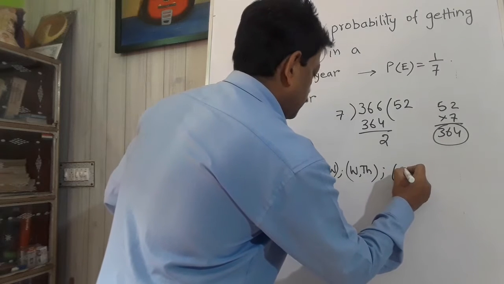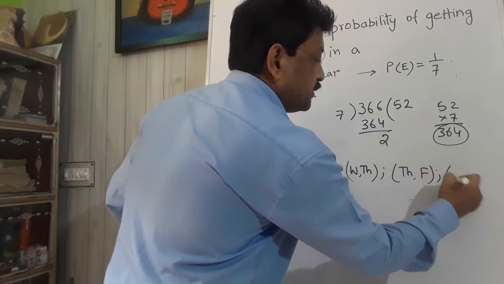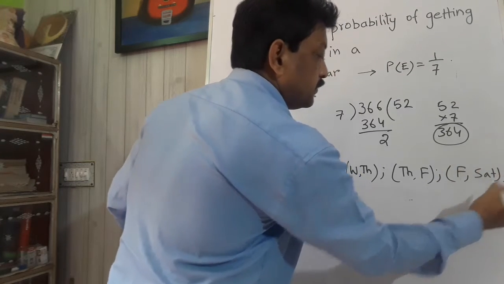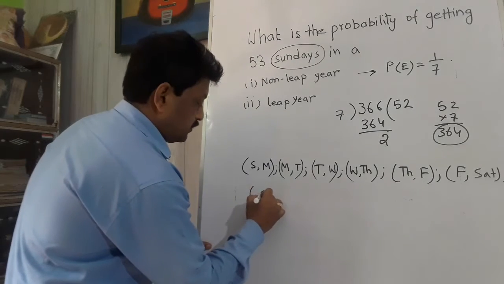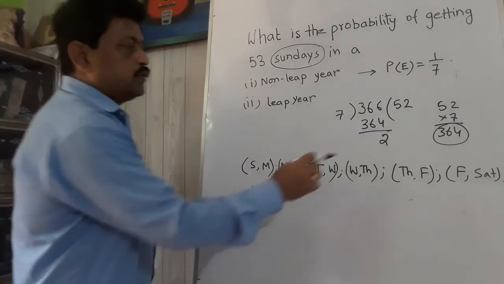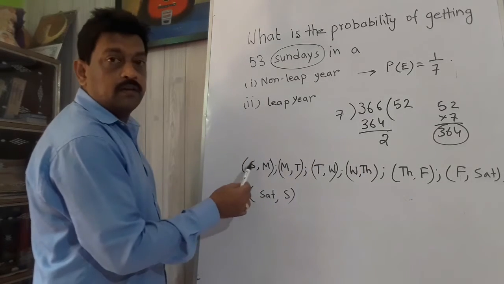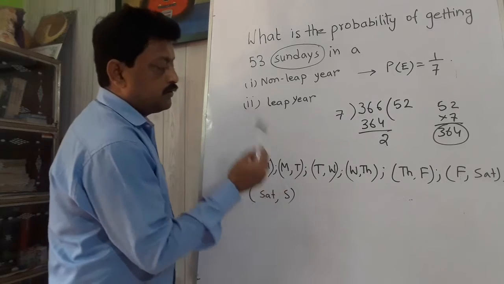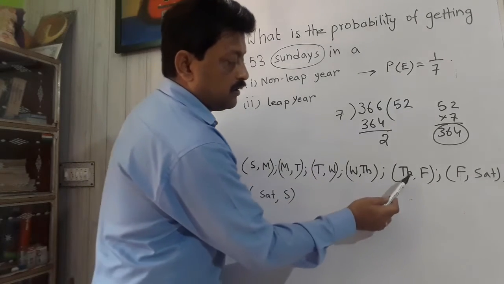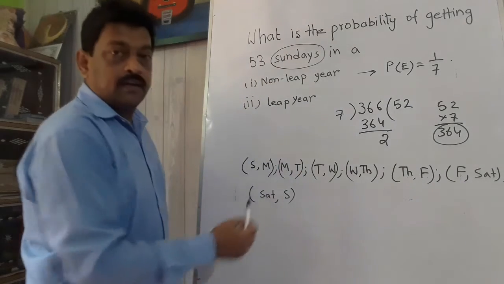It can be Thursday, Friday. It can be Friday, Saturday. It can be Saturday, Sunday. That means these 2 additional days can be Sunday and Monday, Monday and Tuesday, Tuesday and Wednesday, Wednesday and Thursday, Thursday and Friday, Friday and Saturday, Saturday and Sunday.